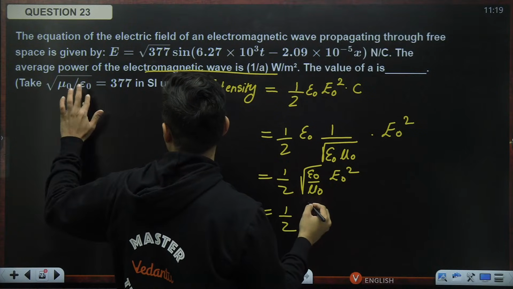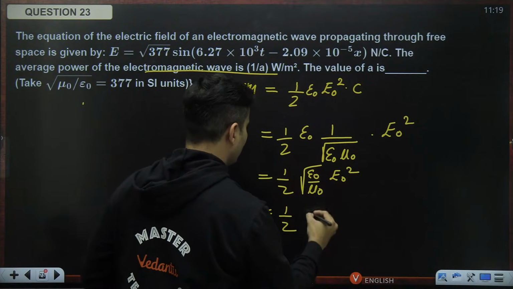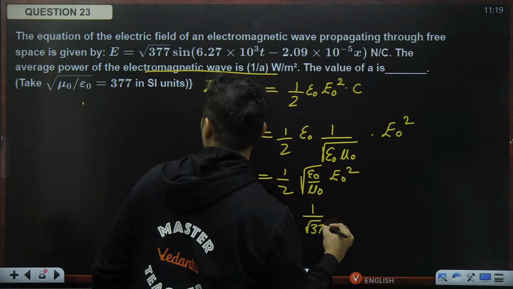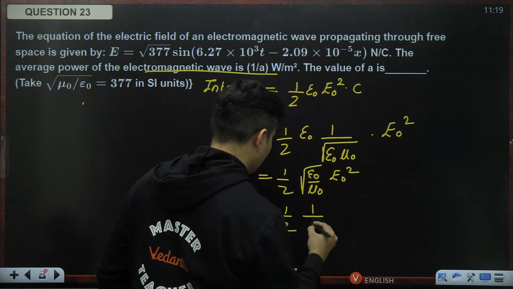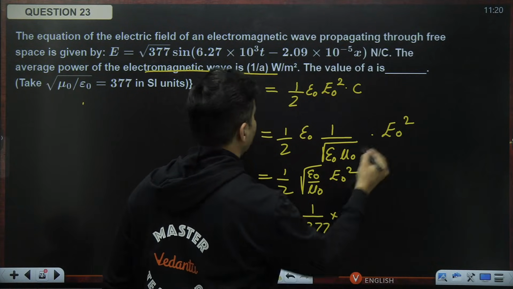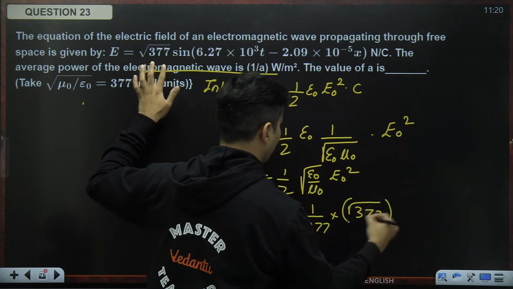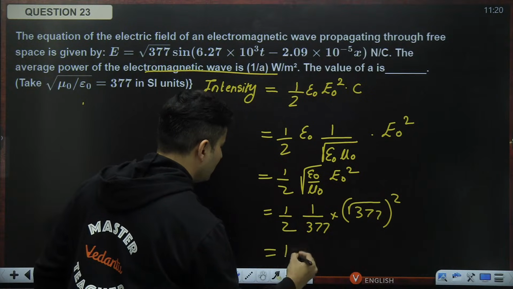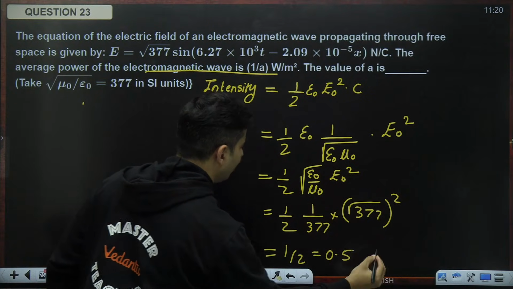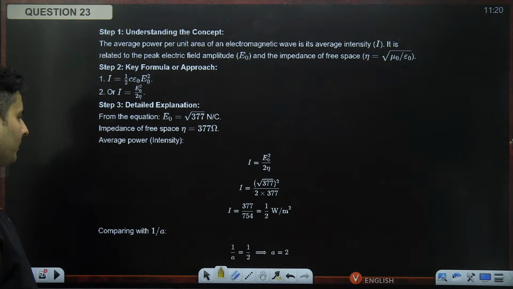So root of mu naught by epsilon naught is 377. So this will be 1 by 377. And the electric field amplitude is root 377 whole square. So these both will cancel. So you'll just be left with half, which is nothing but 0.5. So that is the answer. Yeah, 0.5, which is the answer.